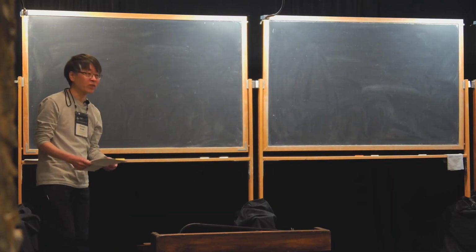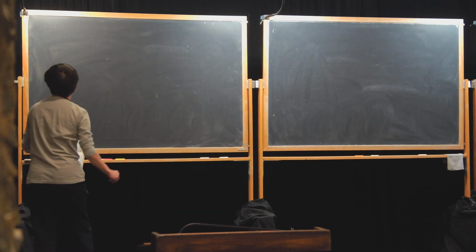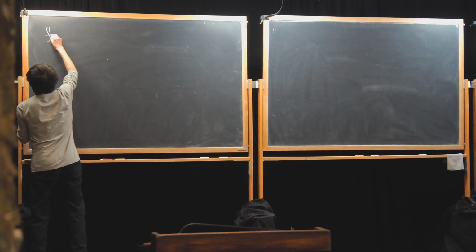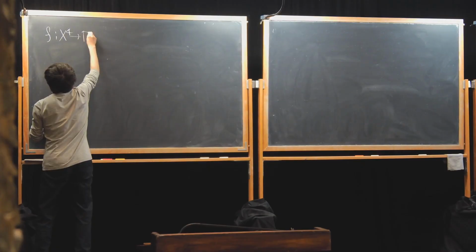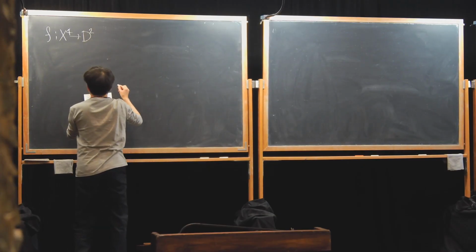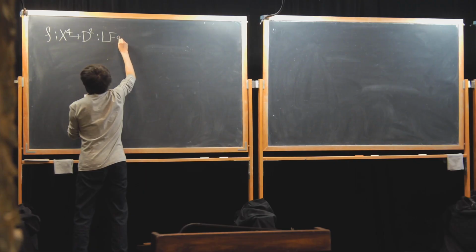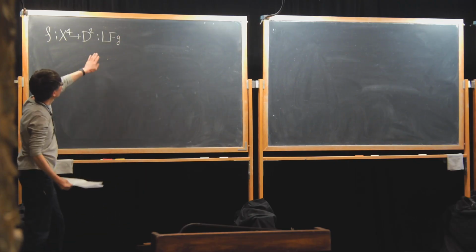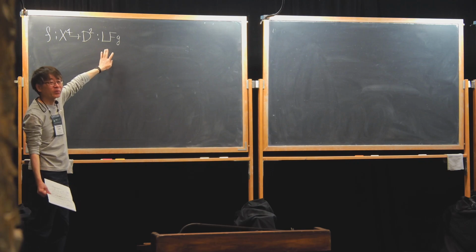So let me start with the definition of a Hurwitz system. Let F from X to D2 be a Lefschetz fibration of genus g. Please read this symbol as Lefschetz fibration of genus g.